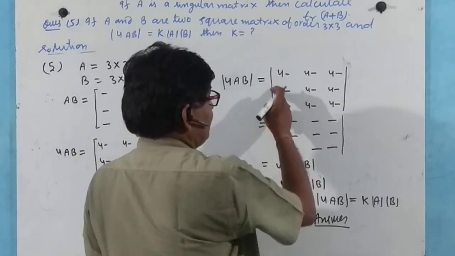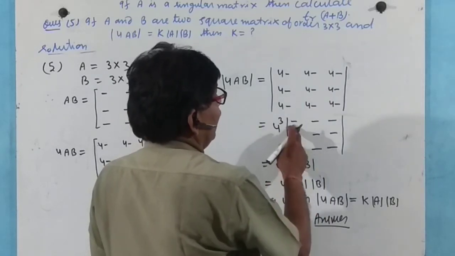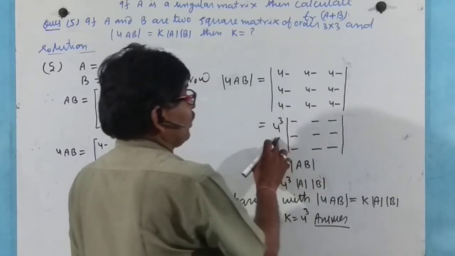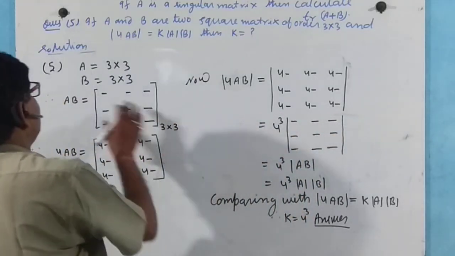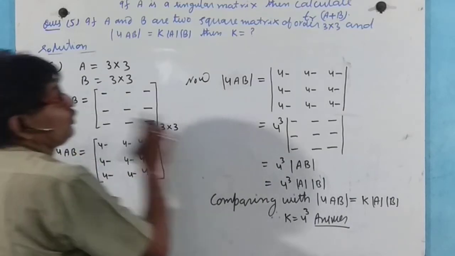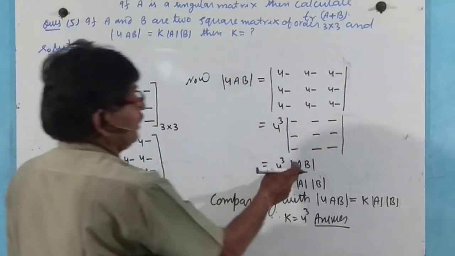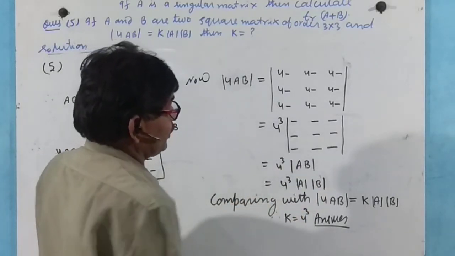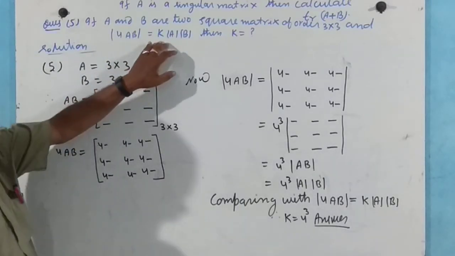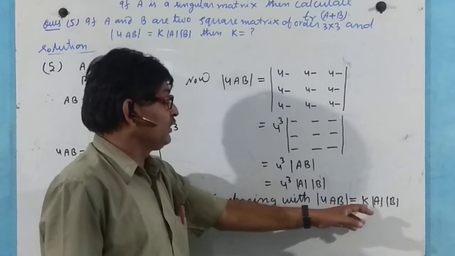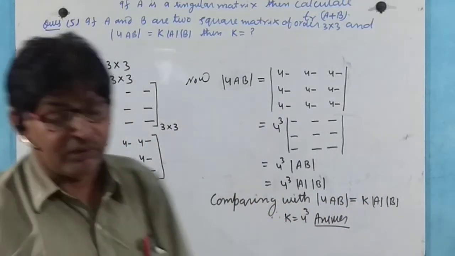Taking 4 from each of the 3 rows gives 4 to the power 3, and the rest is the determinant of AB, which equals determinant A and determinant B. Comparing determinant of 4AB equal to K times determinant A and determinant B, the value of K is 4 to the power 3. This is our answer.